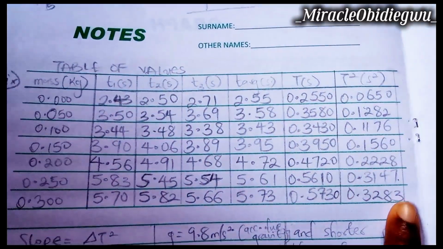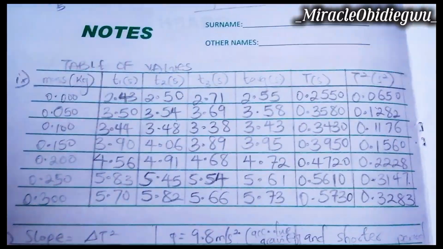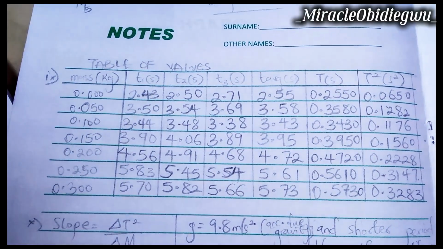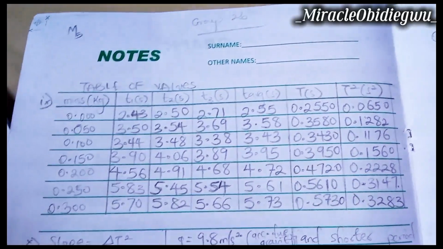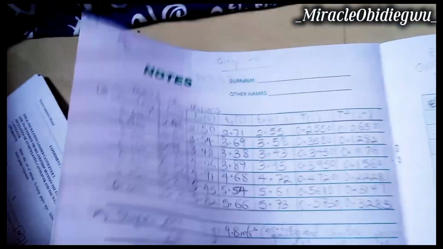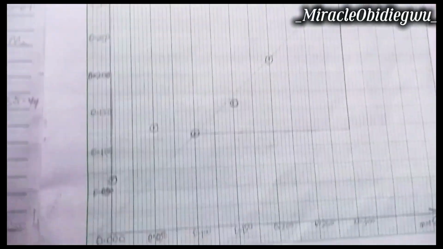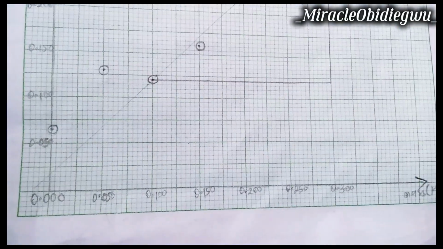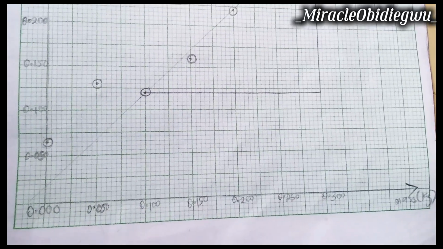So we're working with T square against m. The least number in T square is 0.06, right? And the least number in m, that's mass, is 0.000. So we're going to plot our graph using this. For our x-axis, we have mass: 0.000, 0.050 and 0.100.